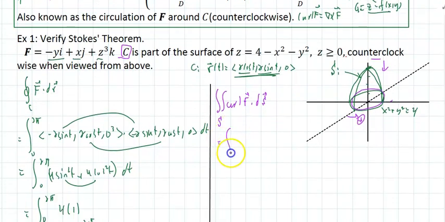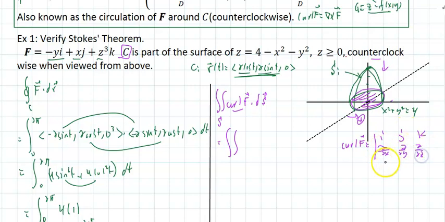Well, that is the double integral over the region D. The region D is right there. It's a circle. I'll play with that in a minute. But what's the curl of F? Curl of F is i j k, partial with respect to x, partial with respect to y, partial with respect to z, and I have a negative y, an x, and a z cubed.